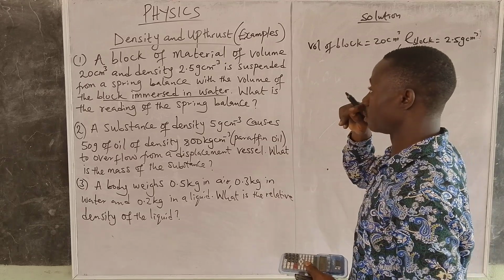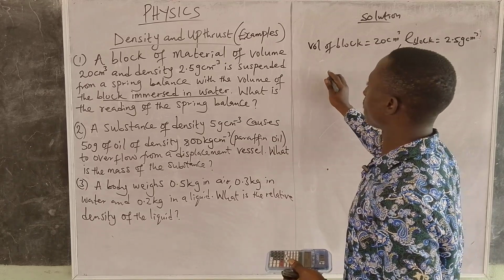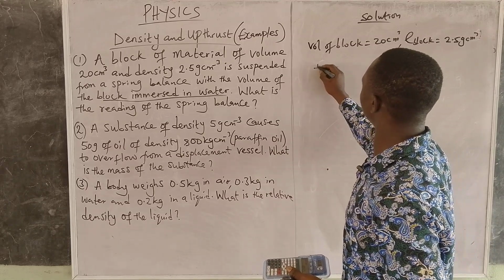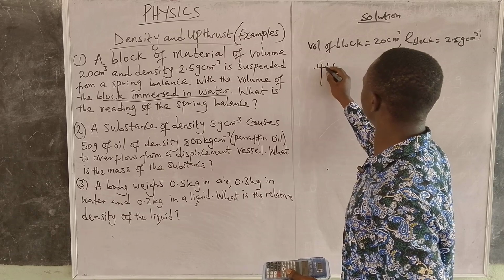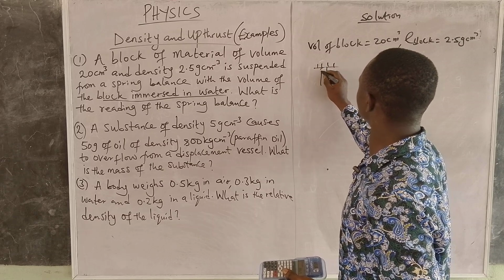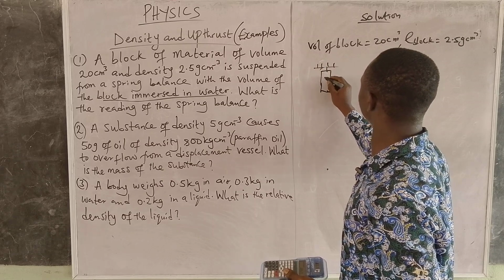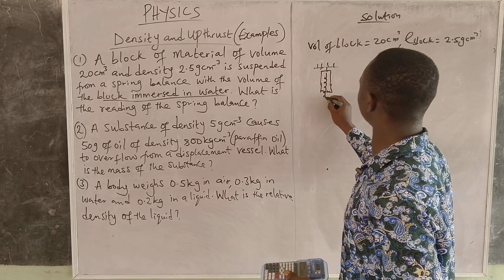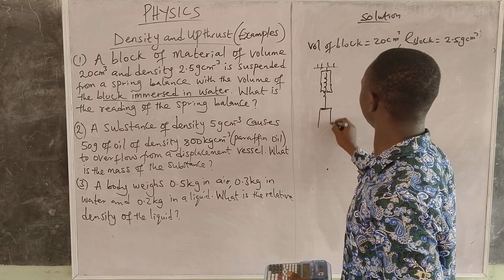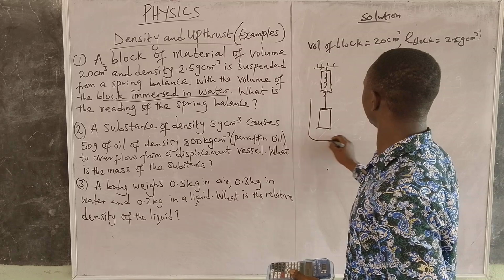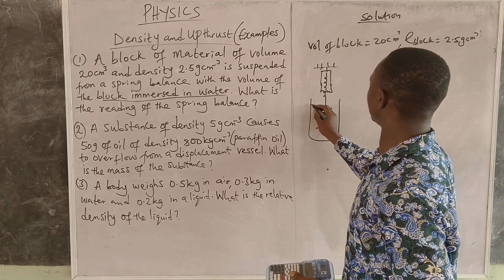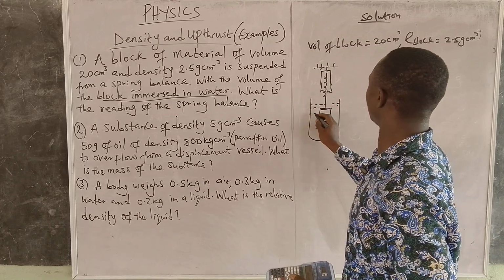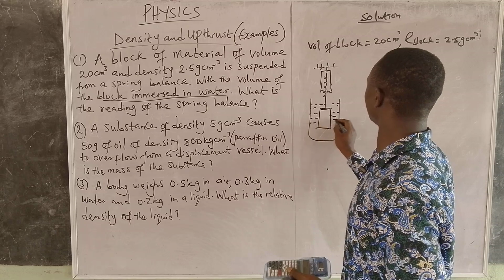Now it's suspended from a spring balance. Now, when you suspend it from a spring balance, if this is our spring balance, now suspend this block, then you now immerse it in water. You immerse it in water.